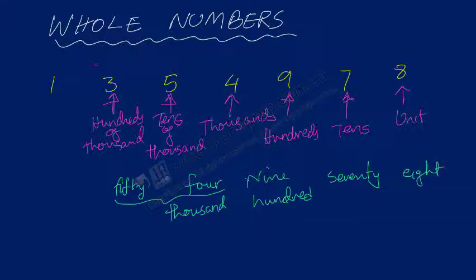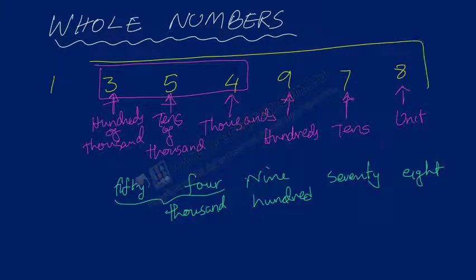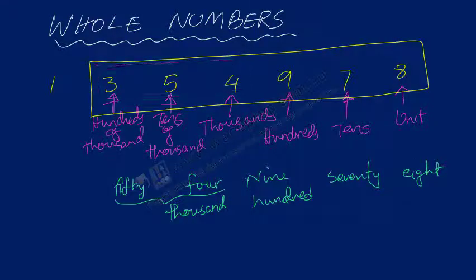Now if you notice here, we have 354 thousands within this whole number that we just looked at. 300,000 within this number. Now this number once again tells us there are 300,000 in there, and there are also 50,000 in there, and there is another 4,000 in there, which makes it 354,000.